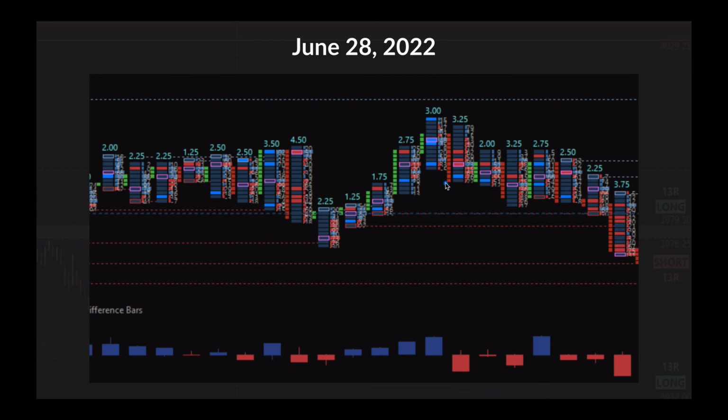But what we have later is this poke up above. So we came down, we came up, a beautiful pattern to take out stop losses above. And then we have this nice high quality bar. So we have the no quality bar next to the high quality bar right here, right?